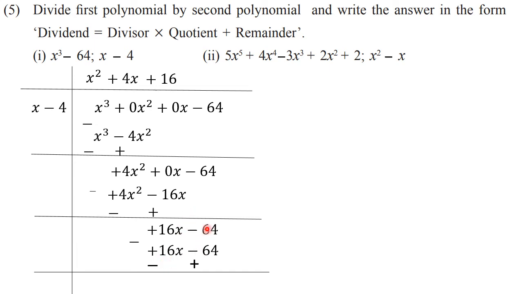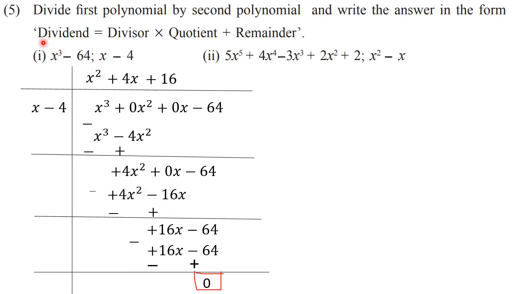And here also minus 64 and plus 64. So this also will get cancelled. And we can find that the remainder is 0. Okay. As I have told you in previous lecture also, always put rectangle around this remainder. Okay, this rectangle shows that it is a remainder. So in this way, this division is completed.